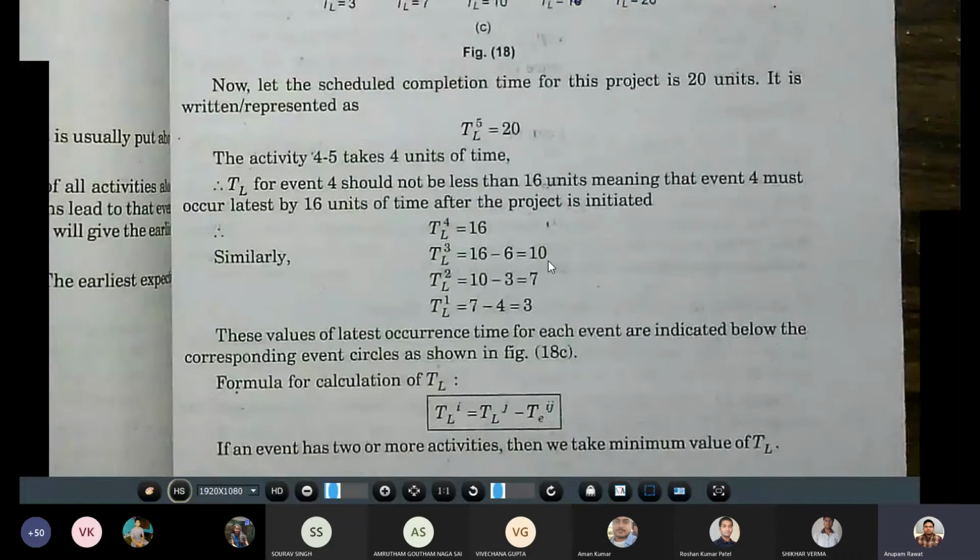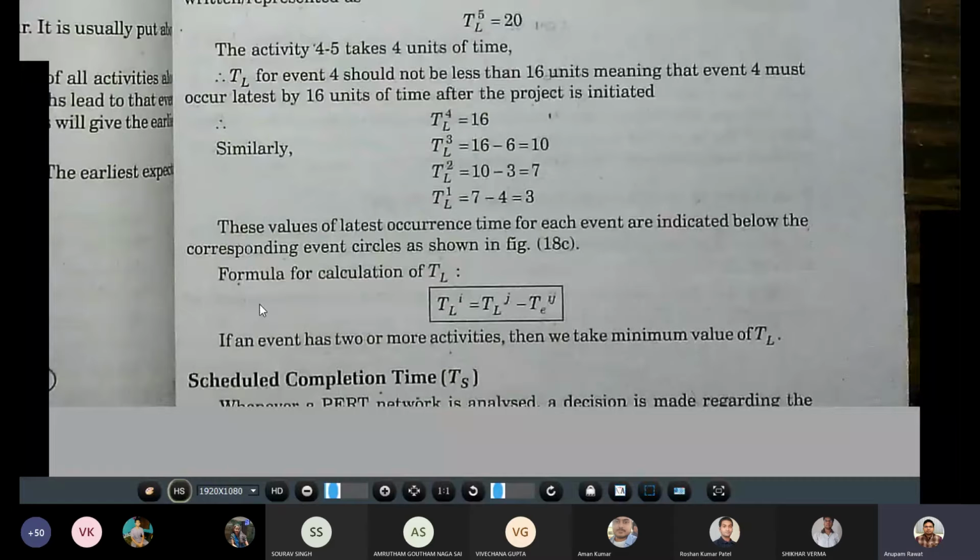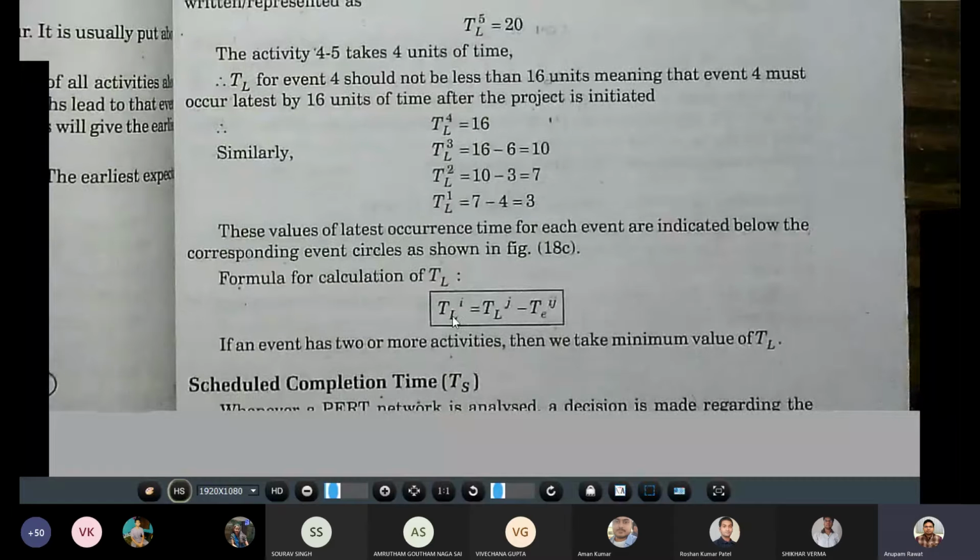Here in this figure, the TL represents the latest allowable occurrence time, and above it the event number is given. For this calculation, the formula is TL(i) equals TL(j) minus t(ij).